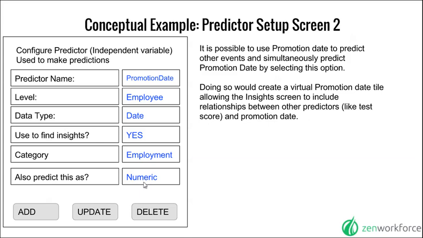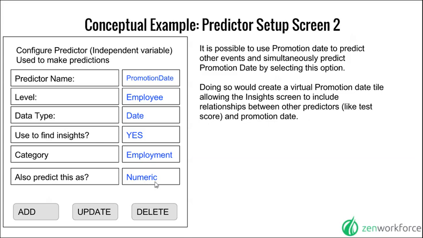But if we set this to true or false, what we're saying is we want to predict if you will get promoted or not, which is true or false, based upon a test score. So one is numeric, so that is basically to predict the number of days to get promoted. And then if you were to switch it to true or false, you're saying, well, what is the chance that you would get promoted or not promoted?